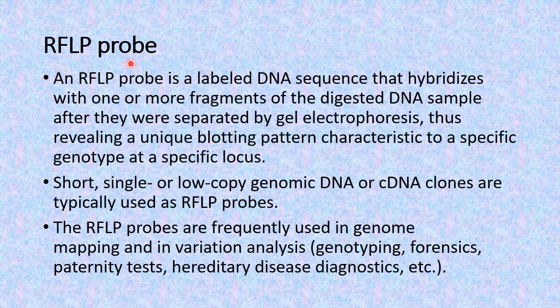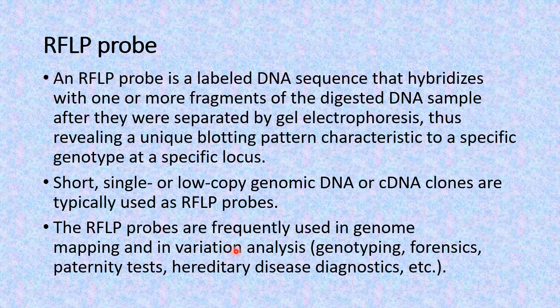So this single-stranded stretch of DNA will hybridize with its complementary sequence that is present in the stretch of fragments that we obtain that are present on the membrane now. These probes which are used are typically short, single or low copy genomic DNA, or they may be complementary DNA clones.